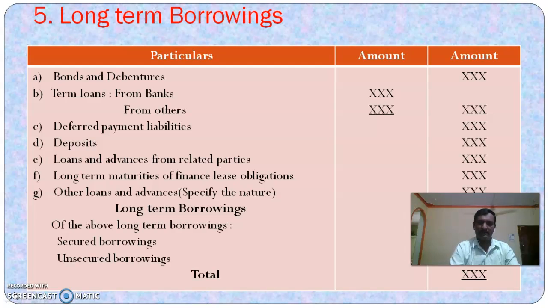We have to specify the nature if given about these things. Then the total of all these are called long-term borrowings. The long-term borrowings can also be classified in the note like this as secured borrowings and unsecured borrowings, and the total of all these are taken to the balance sheet.